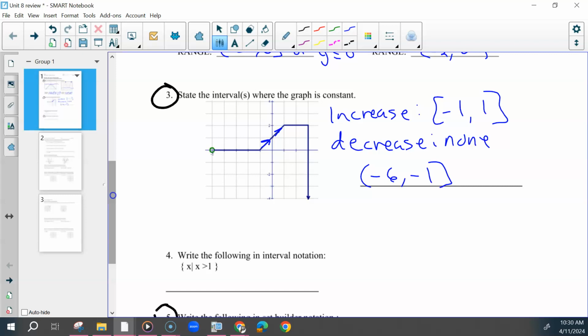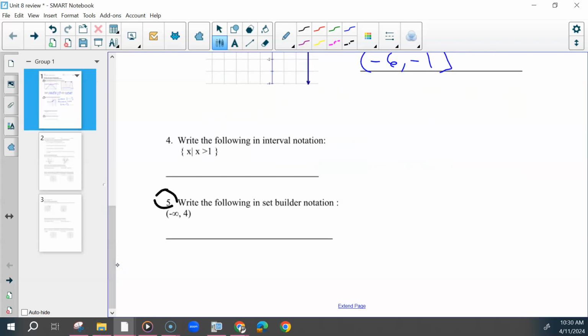Right. Number 5. These are just asking the same thing, switching them. Interval notation is with your brackets and parentheses. Set builder notation looks like this. So if I wrote this in set builder notation, it's -infinity to 4. It's going to start off the same, curly bracket, x line. Jacob, go back to your seat.